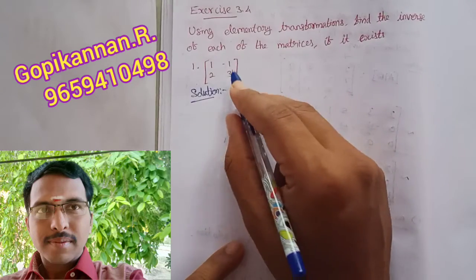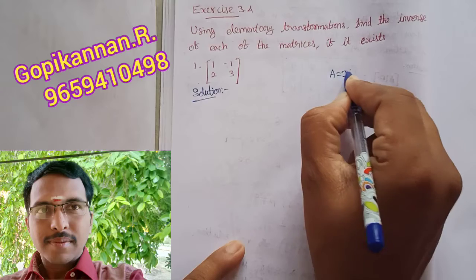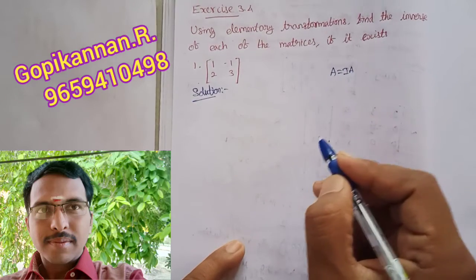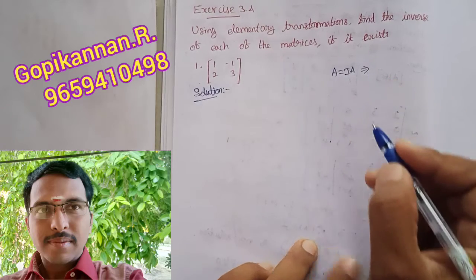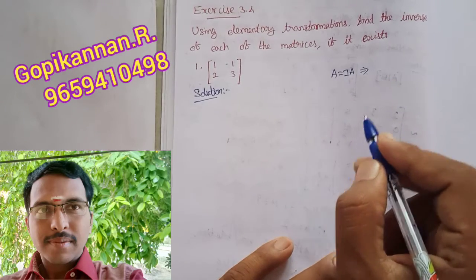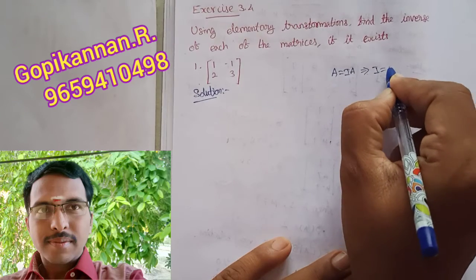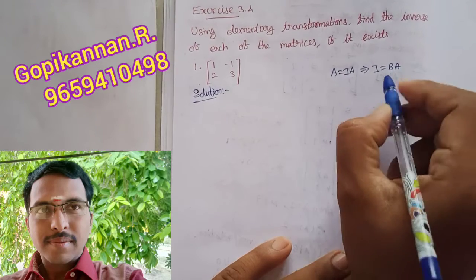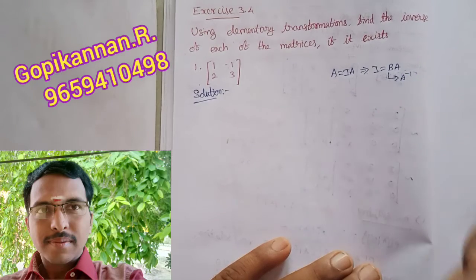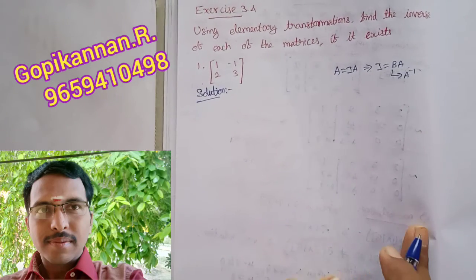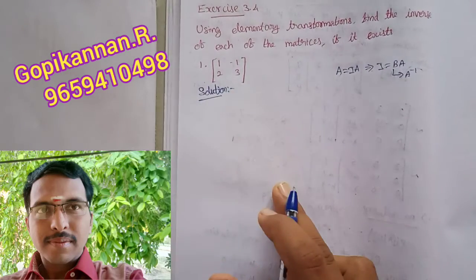First consider the equation A equals I into A, and using elementary transformation, that is row operation or column operation, any one, and finally we get I equals B into A. So B is called the inverse of the matrix. This is the procedure to find A inverse using elementary transformation.